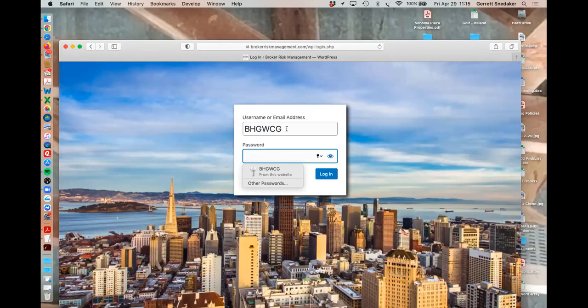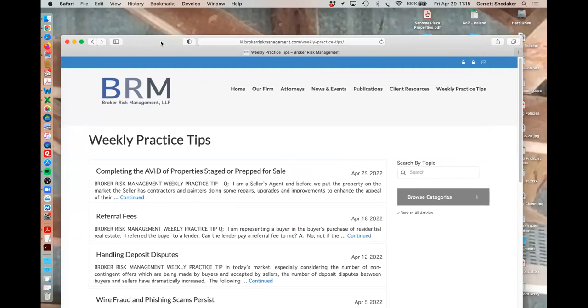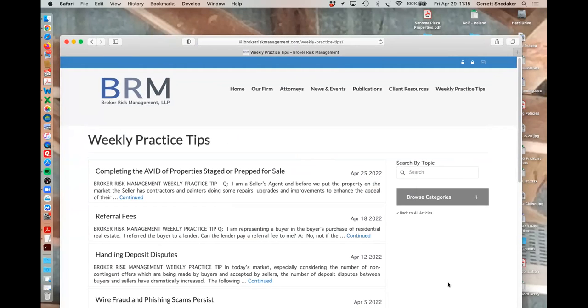And then the password is Bonita, capital BONITA. And then you log in, and what you get is this menu. Now, this isn't a very sophisticated site, and the searches aren't always the easiest.